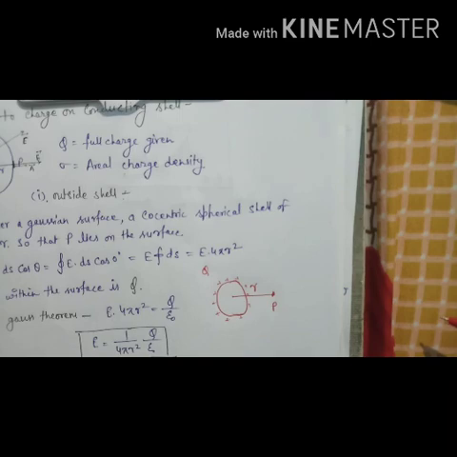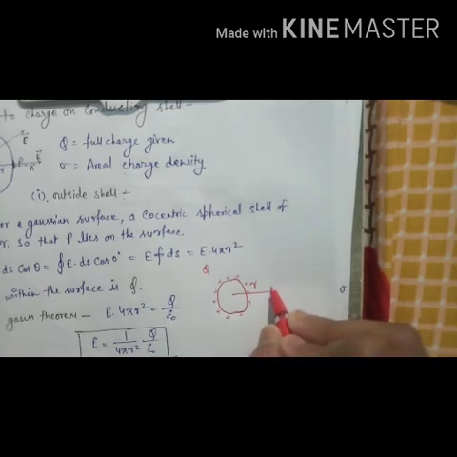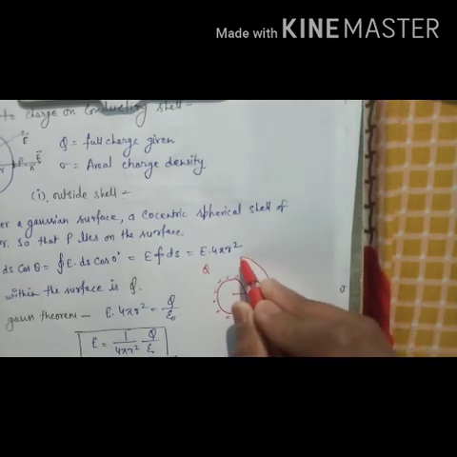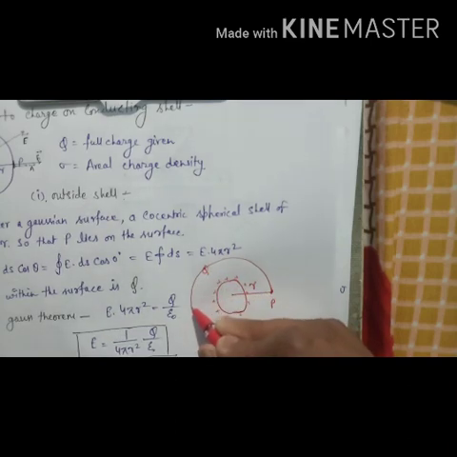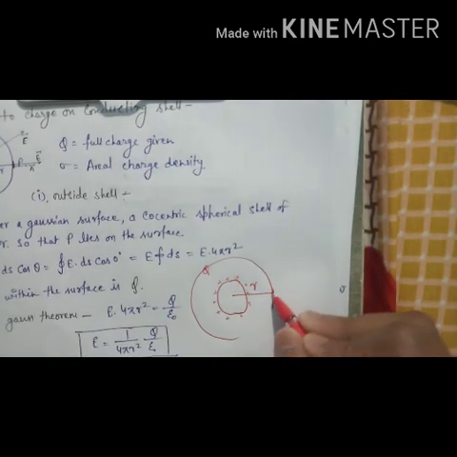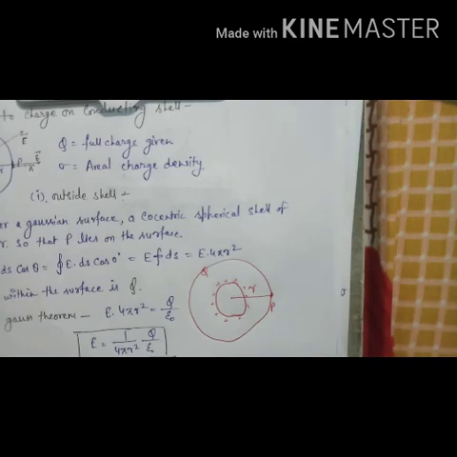And which type of Gaussian surface? The Gaussian surface should be symmetric on the basis of the electric field and the angle between the electric field and the area vector. So we consider a concentric spherical shell.